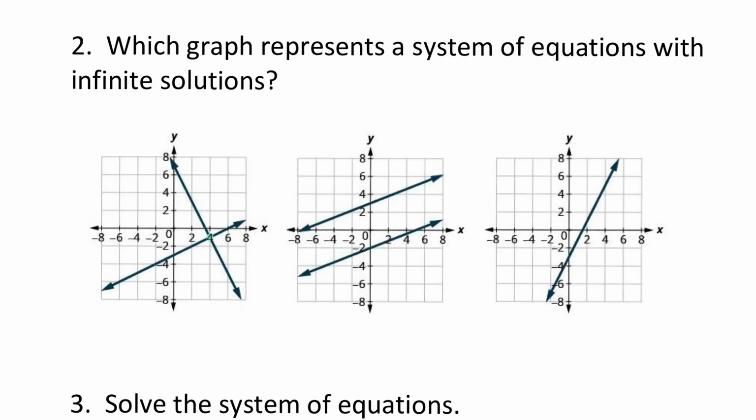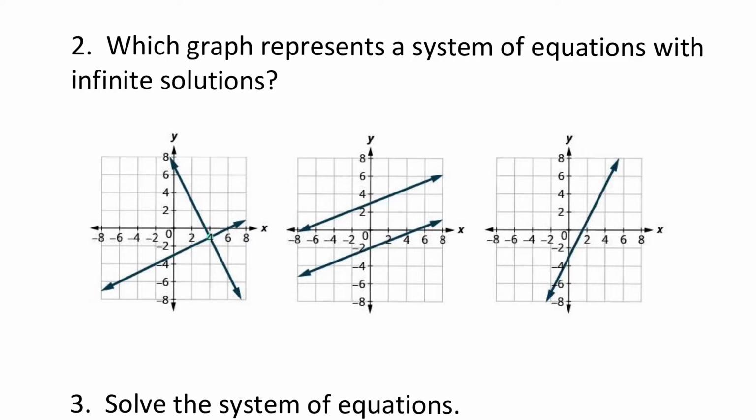Question number 2, it says which graph represents a system of equations with infinite solutions? And that's like saying infinitely many solutions. So when you guys look at the graphs, the one that has infinitely many solutions is when the two lines, the two graphs, the two functions are the same line. So one line is on top of the other one.